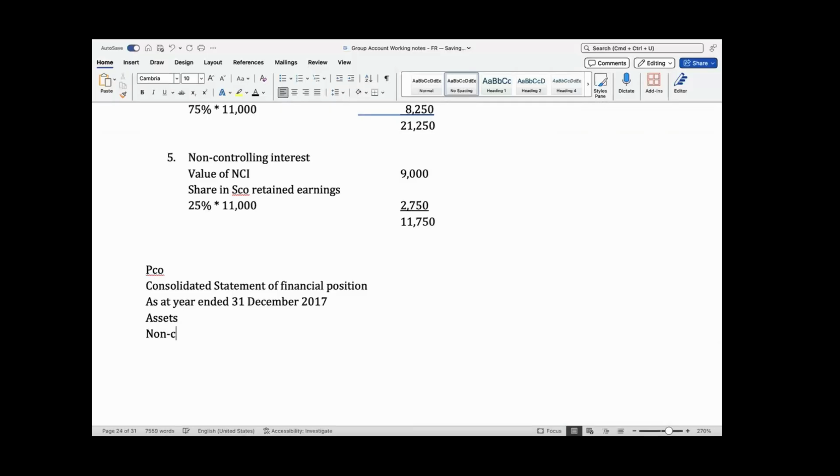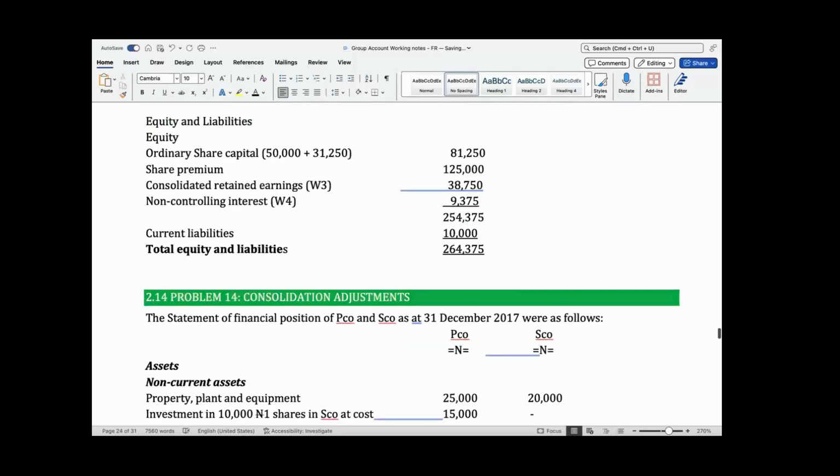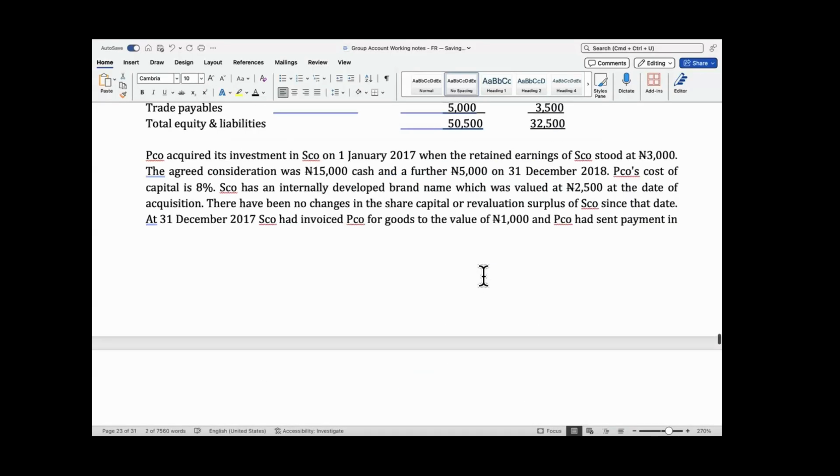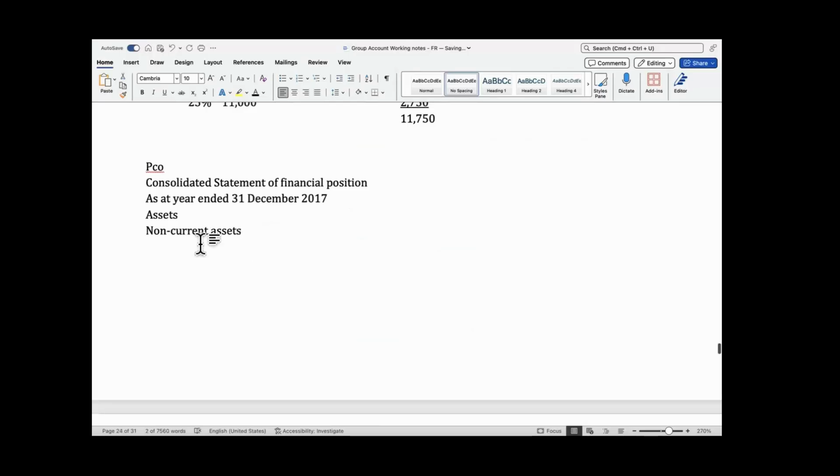Assets, non-current assets. No rush, I won't make mistakes like earlier. Addition of these two will give me 45,000.